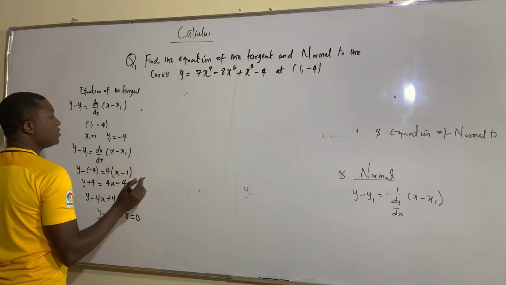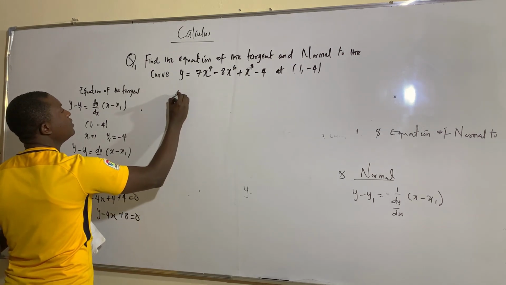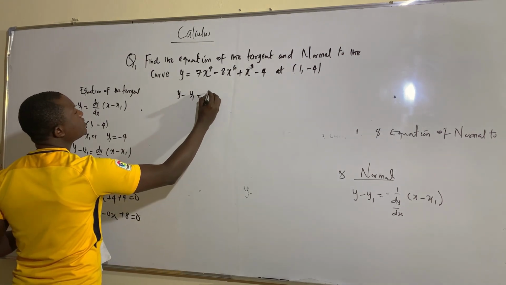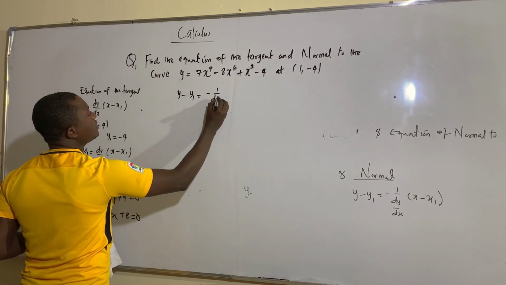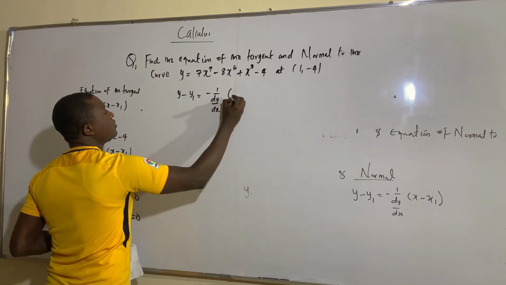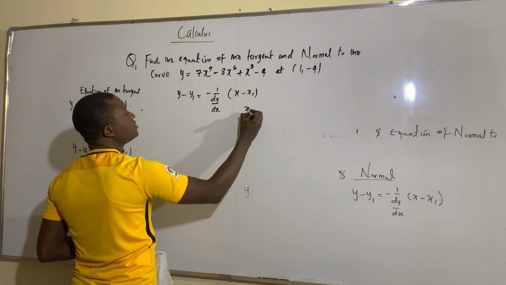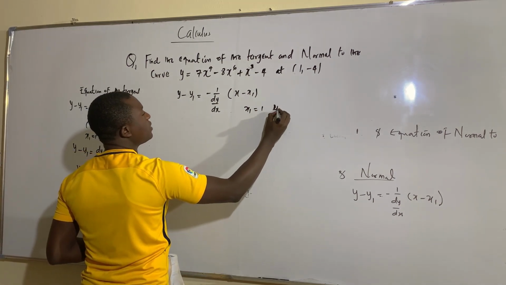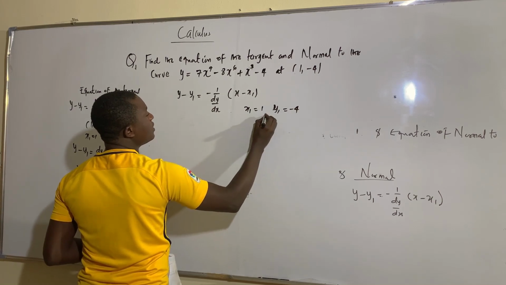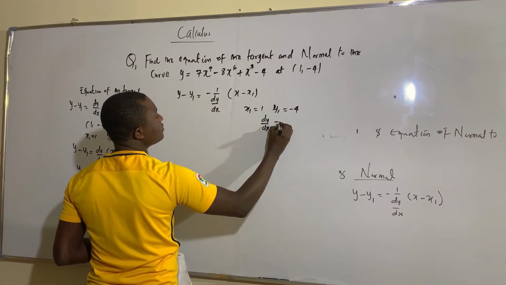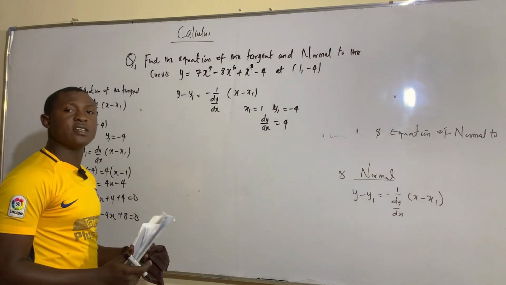So going to the formula, that is y minus y1 equal to minus 1 over dy/dx of x minus x1. Don't forget our x1 still remains as 1, our y1 still remains as minus 4, and our dy/dx we have it to be 4.